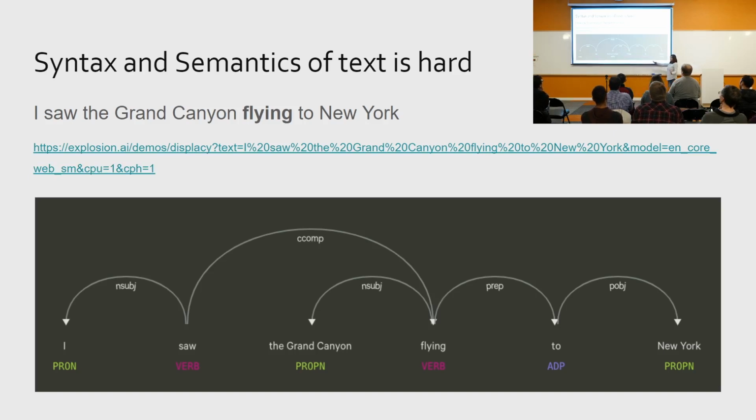So it knows nothing about the size of the Grand Canyon and about whether a plane can carry the Grand Canyon, but based on how the sentence is deconstructed, this parser seems to think that the flying is done by the Grand Canyon. So you are seeing the Grand Canyon flying to New York, which is semantically incorrect. And so our parser hasn't been able to capture the meaning of the sentence as it should be.